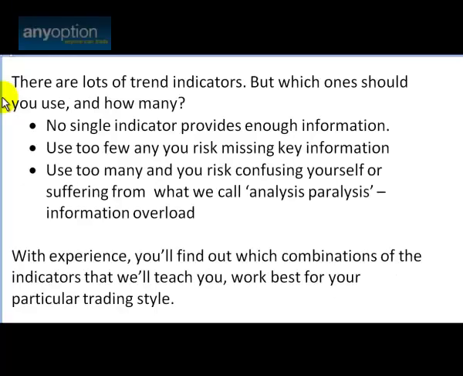There are lots of trend indicators, but which ones should you use and how many? No single indicator provides enough information. If you use too few, you risk missing key information, and if you use too many, you risk confusing yourself and suffering from what we call analysis paralysis. Information overload, your indicators conflict, you don't know what to do, so you do nothing.